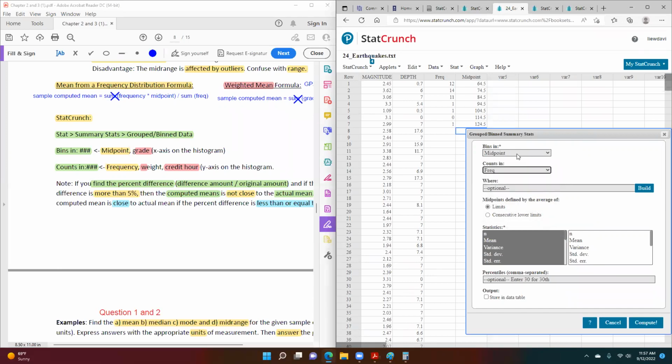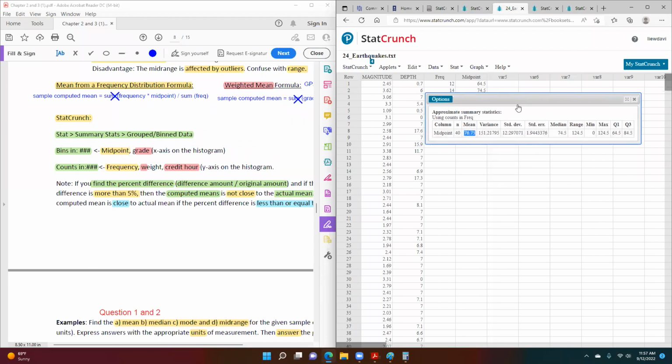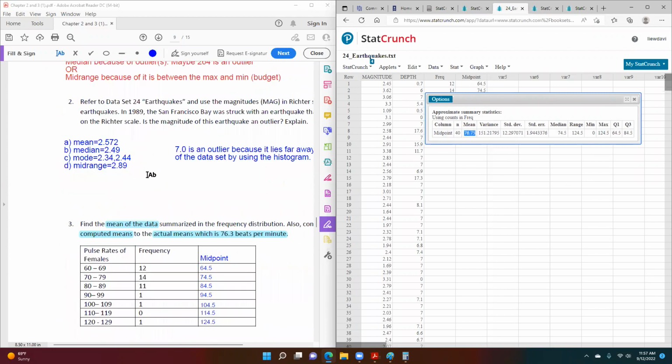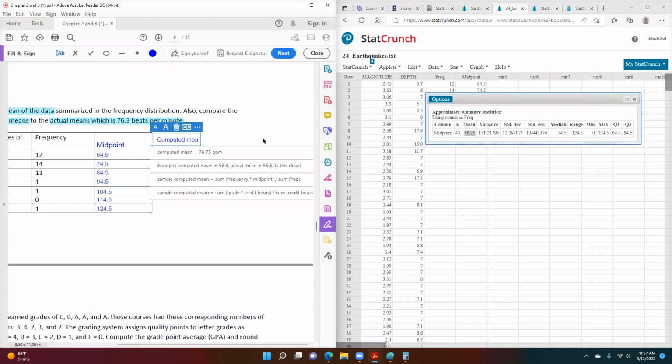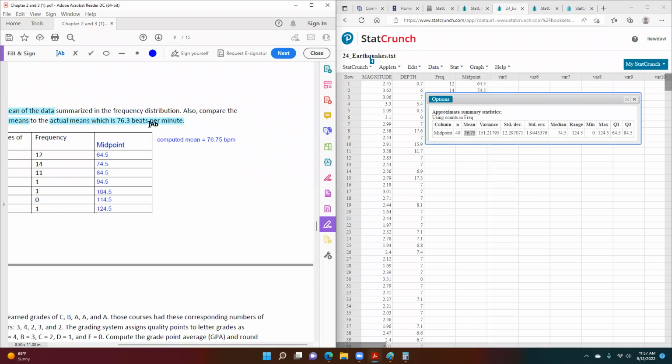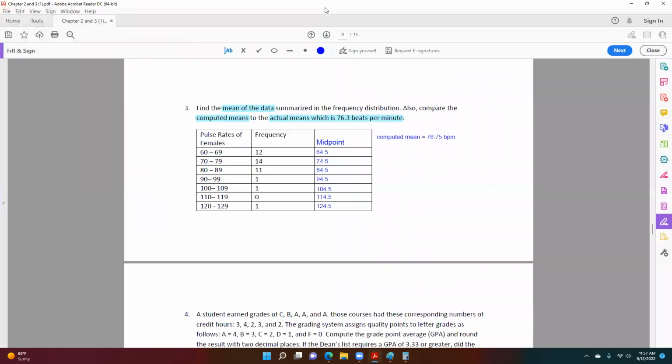Then you hit Compute. We only concentrate on the mean. We don't look at the rest of it. So your computed mean is 76.75, and the units are BPM, which stands for beats per minute. So this is how you find the mean if I give you a frequency distribution.